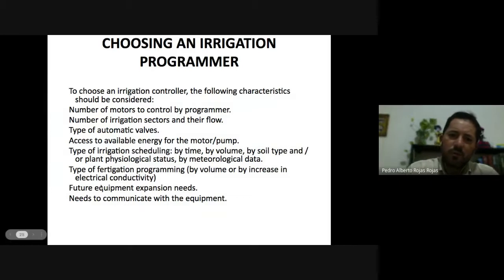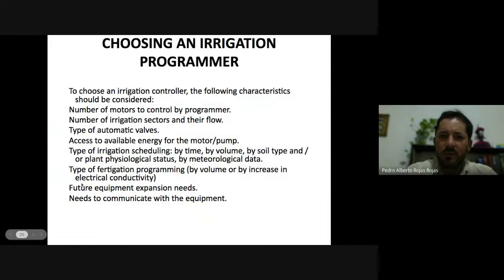Also, you need to take into account the type of irrigation schedule, which could be by time, by volume, by soil type, by plant physiological status, or by meteorological data. So it depends on the situation, the quantity of water or the number of starts of the pump to apply the water.